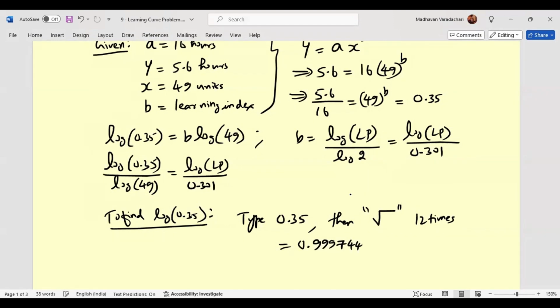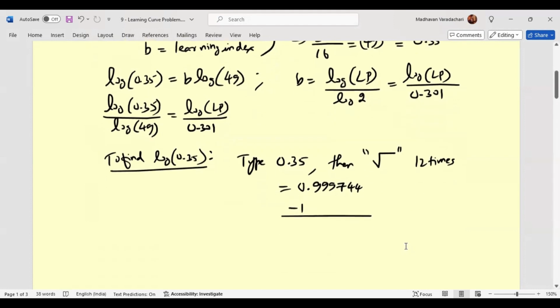0.99744. Then we need to subtract 1. When we do that, we get negative 0.000256. Then with this, we will be multiplying 4096. We will get the result minus 1.04969.